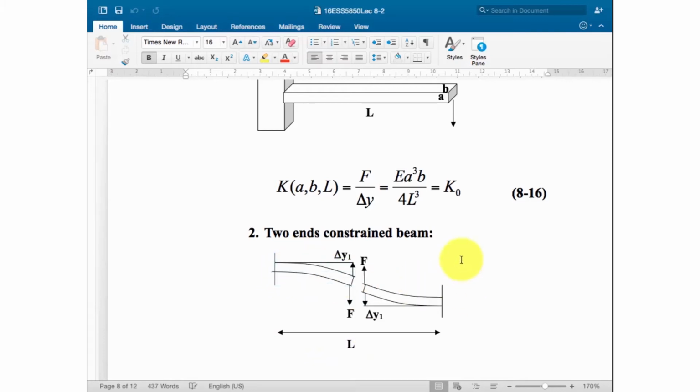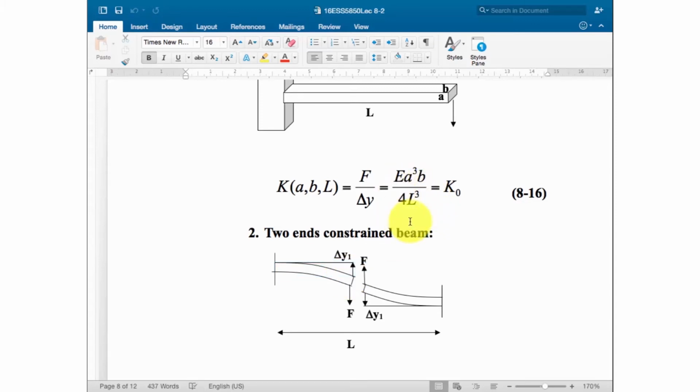Suppose we have the total length the same. This spring has a length L, and the second spring also has a length L, so we cut it into half. So half of the spring has the length of only L over 2. If your spring has half the length, the spring constant will increase how much?